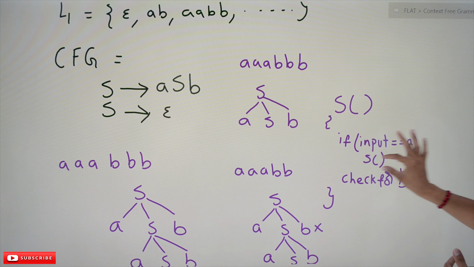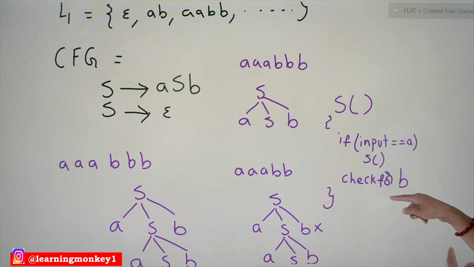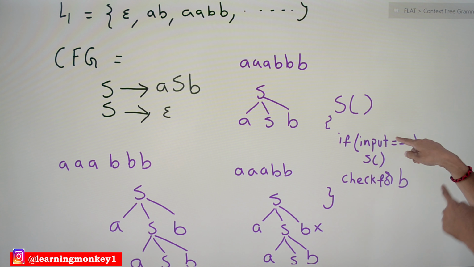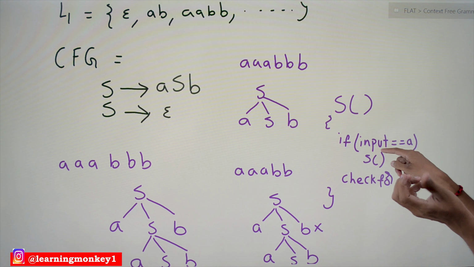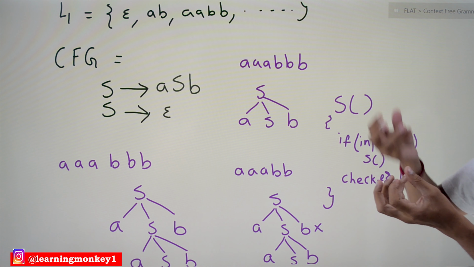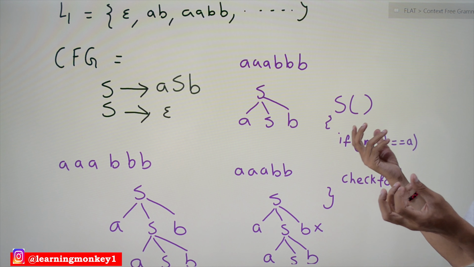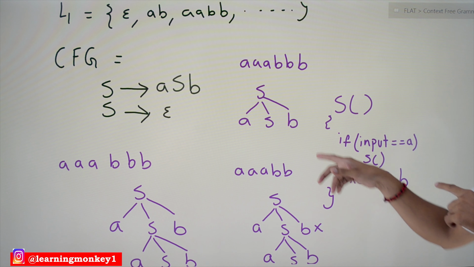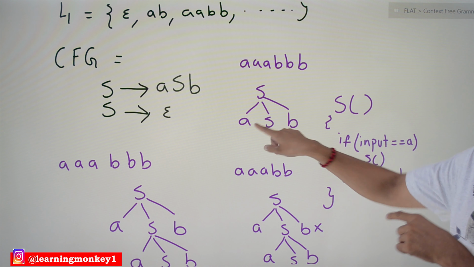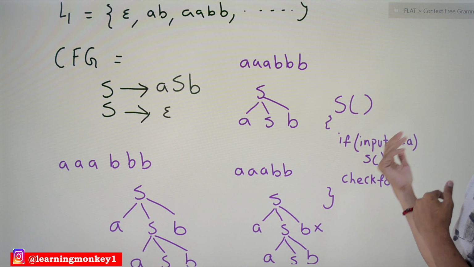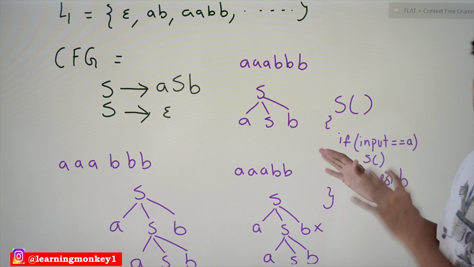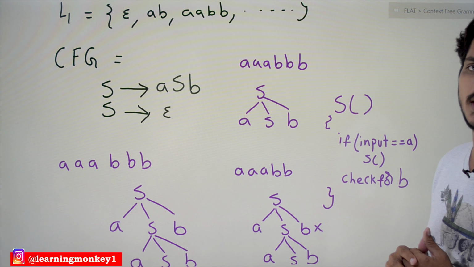After completion of S, what do you have to check for? b. Check for input symbol b. So it checks one a, and for that a it has to find the equivalent b on the next side. That's why it checks for an equal number of a's and b's, a's followed by an equal number of b's. If it doesn't find them, the string will not be accepted.